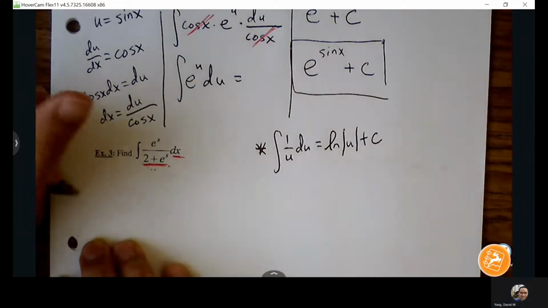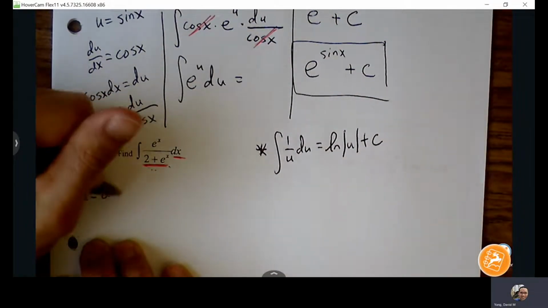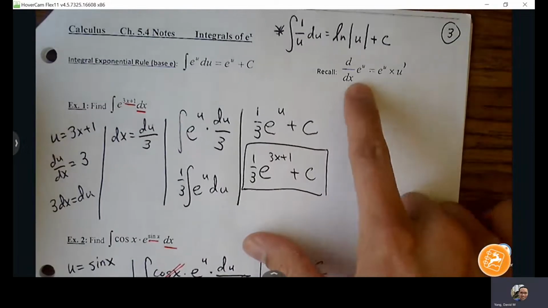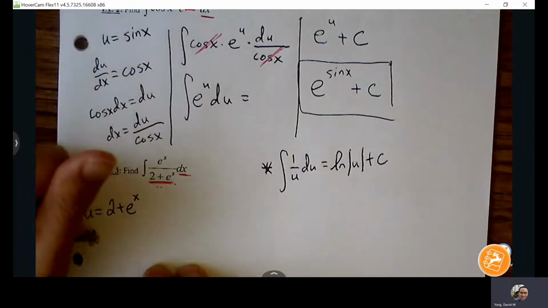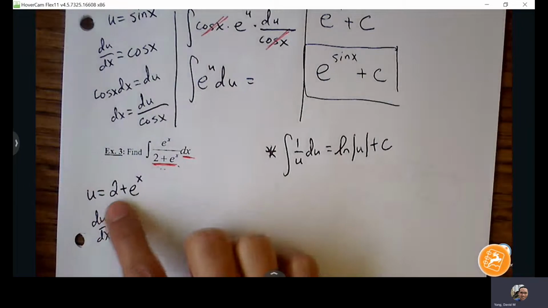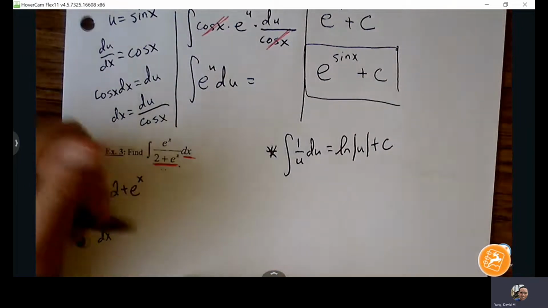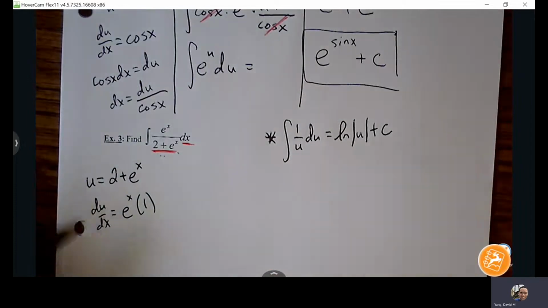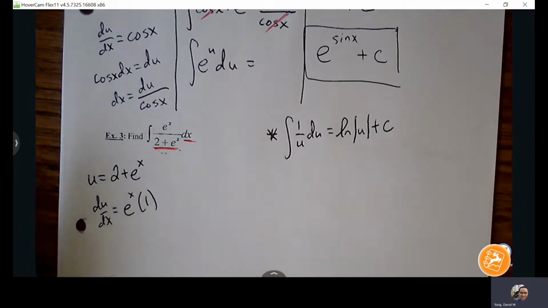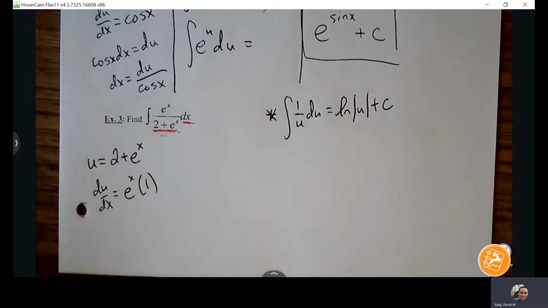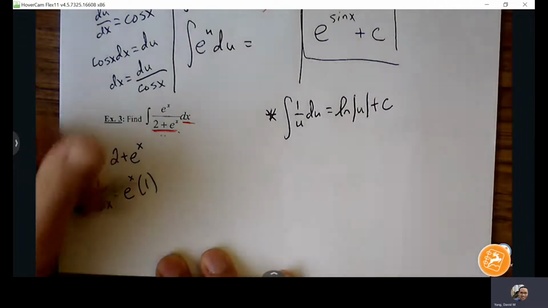Okay. u equals 2 plus e to the x. Remember, the derivative for e to the u is just e to the u times u prime. So du/dx: 2 goes to 0. What's the derivative of e to the x? e to the x, times 1, which you can leave there, but it's just a reminder that you're always looking for that exponent's derivative, the chain rule, though in this case nothing is going to come out of that.